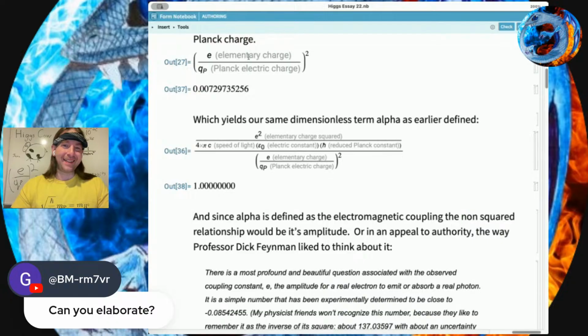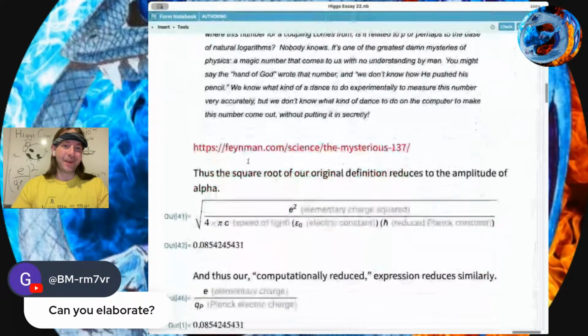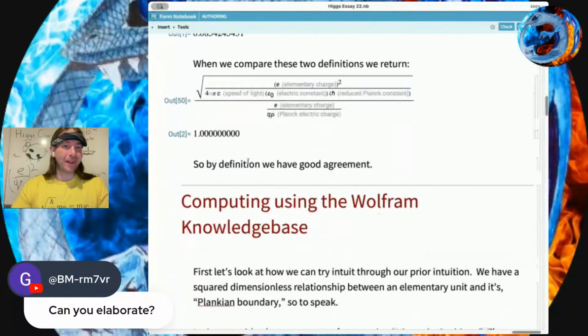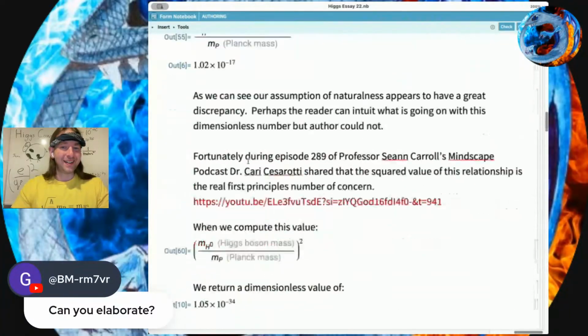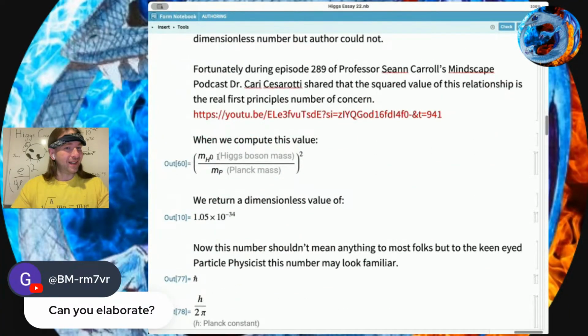I just literally did that instead of elementary charge and Planck charge. Well, the Higgs boson has a mass apparently. That seems to be a surprising thing. So we just do an elementary thing over a Planck thing, except instead of elementary charge, we're doing the Higgs mass, and then instead of Planck charge, we're just doing the Planck mass.